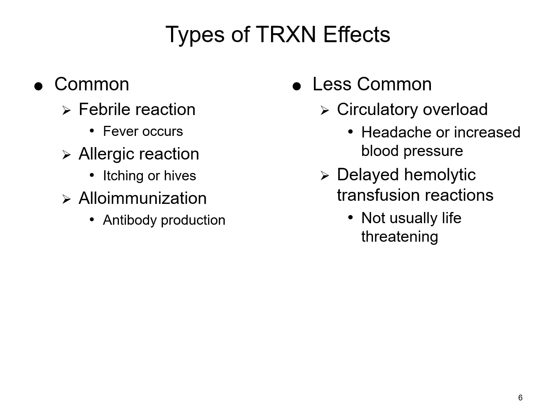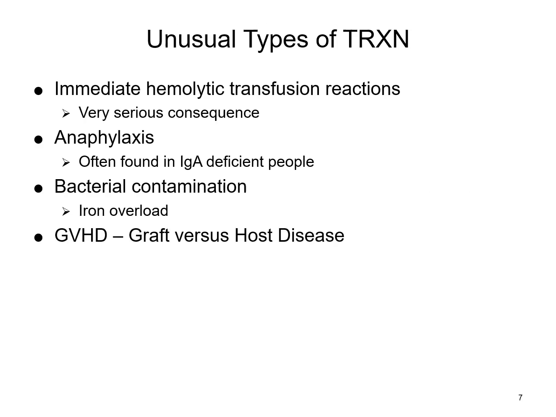Okay, so some of your more common ones are going to be febrile, allergic, and then of course those antibody production through alloimmunization. And some of your less common are going to be your circulatory overload, as well as your delayed hemolytic transfusion reactions. Then some of your unusual types are going to be your immediate hemolytic transfusion reactions.